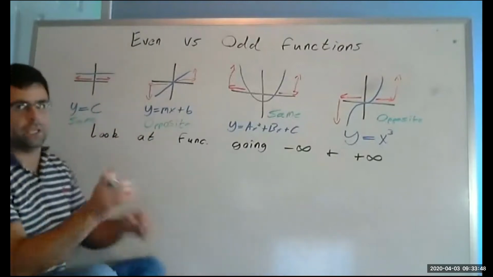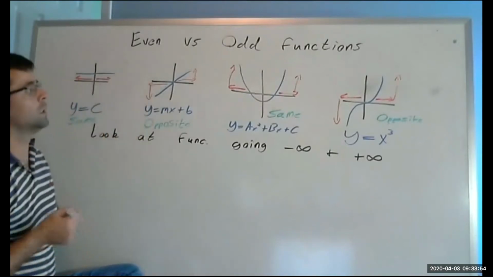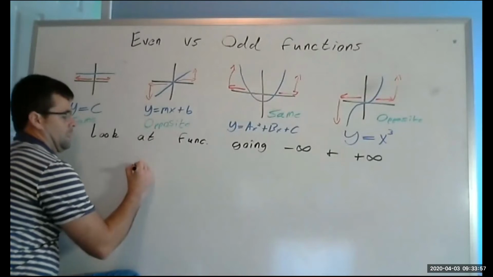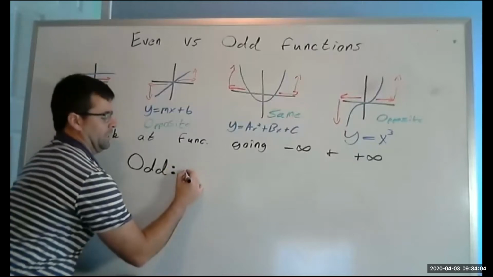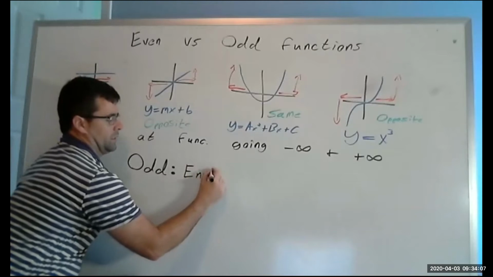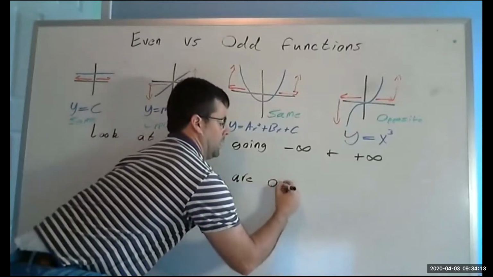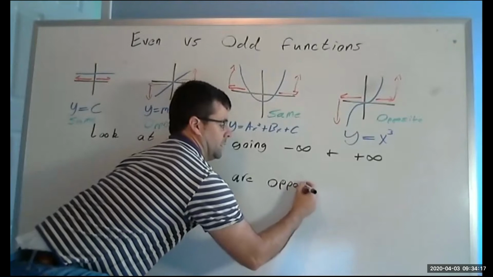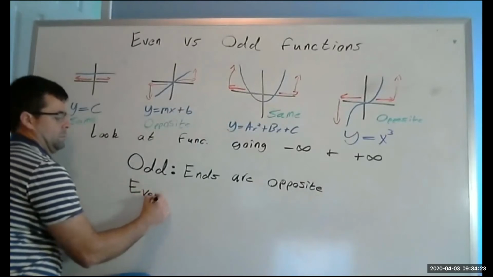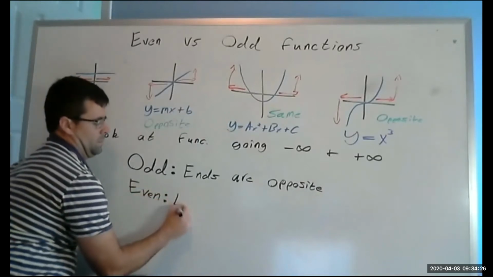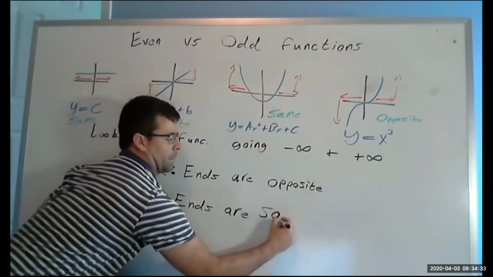This is where we get the even or odd thing from. So odd graphically means ends are opposite, and even, ends are doing the same thing.